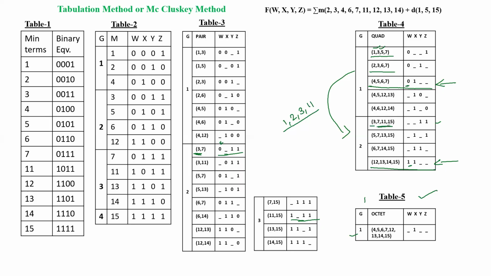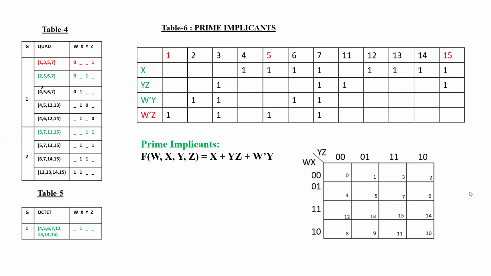This 11 we find in the term where we have the quad of 3, 7, 11, 15. This process is repeated until we are able to get any combination. Once the combinations are over, we stop here, then we go for the prime implicant tables. Here I have copied the same table 4 and table 5, and due to lack of space, again we have to see here.